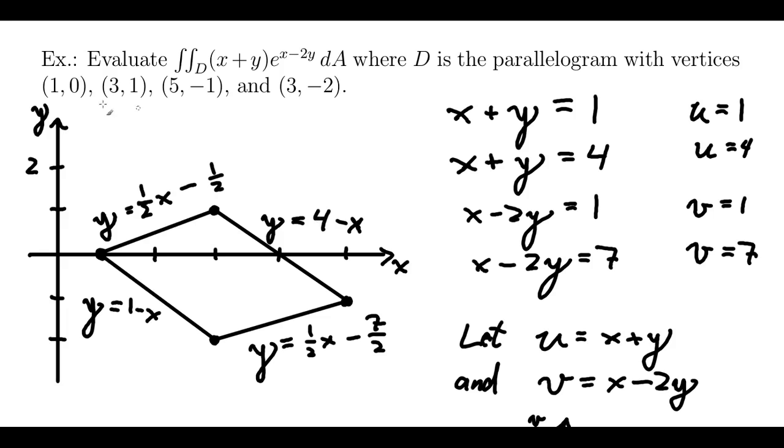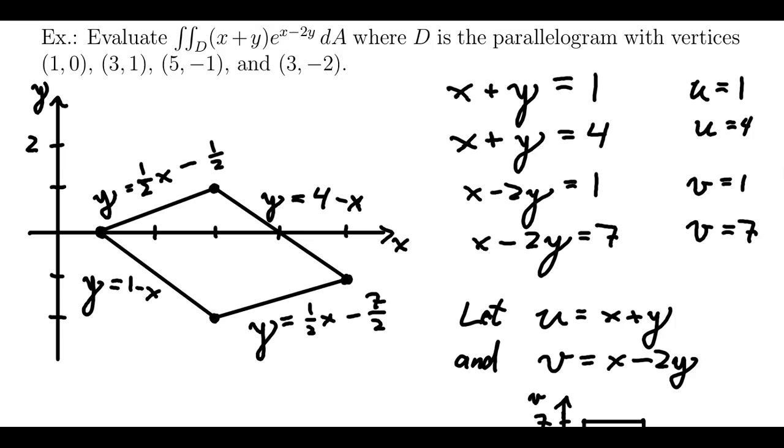Or occasionally, if you are given equations, you might want to put those equations through the transformations and find out what you get in terms of u and v. There are plenty of ways of doing that. There's lots of different kinds of information you might be given. You just have to algebraically work with what you have to figure out what you need to know. So that is one of the things we'll need.